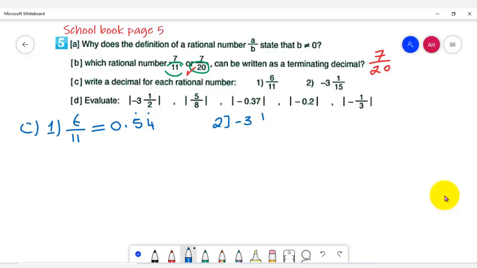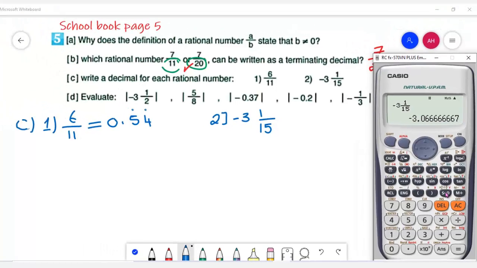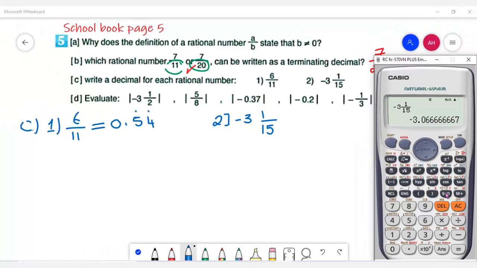Number 2, -3 and 1 over 15. Let's check what the decimal number is for this rational number. To write a mixed number, simply press Shift and the fraction button, and then -3, 1 over 15. Equal and change it to decimal form. It's -3.06 and the 6 is repeated.